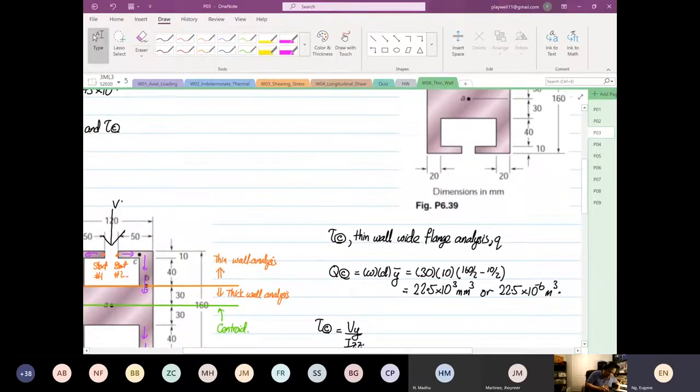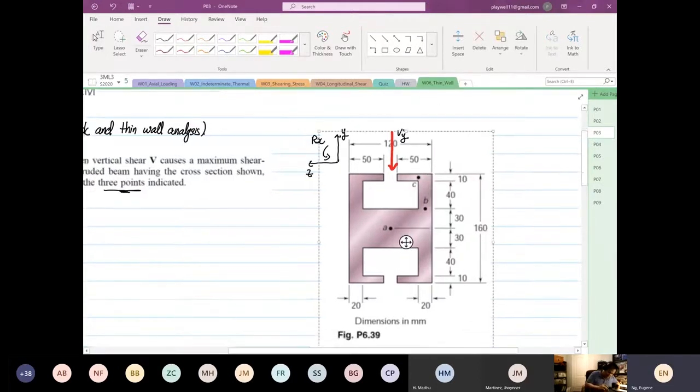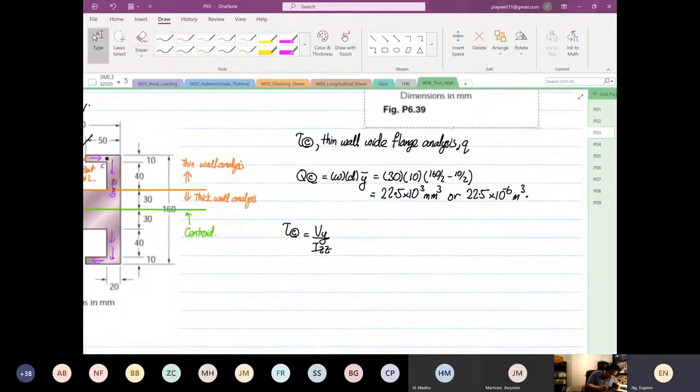I'll draw the global transformation again. I do sincerely apologize. So this is your Y. This is your Z. This is your rotation about X. Okay, so from here, Vy over Izz is common.